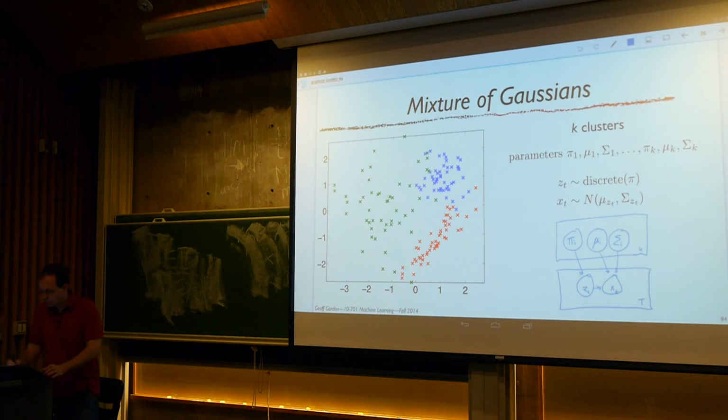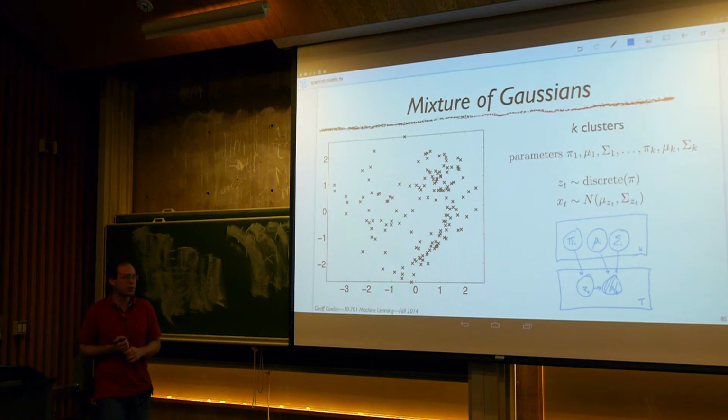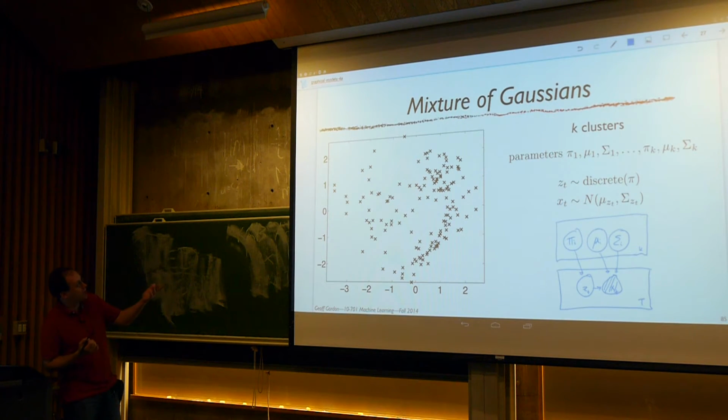So if both Z and X are observed, it becomes naive Bayes. And if only X is observed, it becomes a clustering problem. And you can see it's not at all obvious from the black points how to split this up into clusters. But there are some algorithms, which we may get to in future lectures, about how to do that.